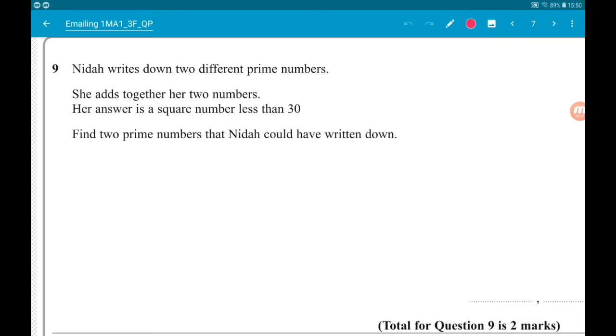Okay, so our square numbers less than 30 are 1, 4, 9, 16 and 25.